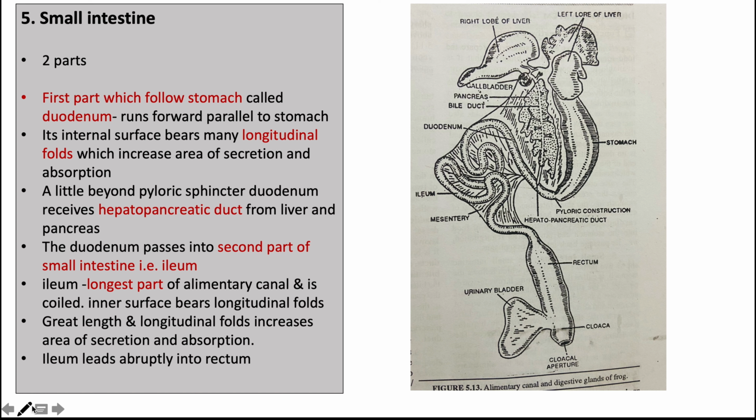Now coming to the second part, the small intestine. This whole part after the pyloric part of the stomach is the small intestine. In the frog it is divided into two parts. The first part, which follows the stomach, is the anterior part of the intestine known as the duodenum, which runs forward parallel to the stomach.